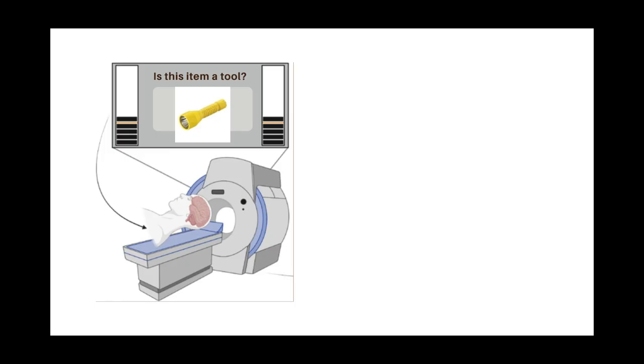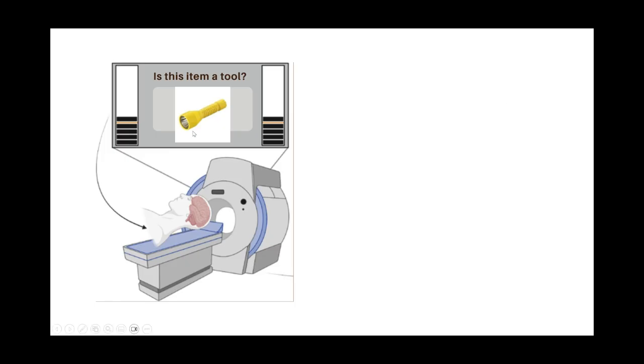Participants view those images one at a time in an MRI. And every time they see an image, it's presented with a question. That question is either about their conceptual features, like this question here: is this item a tool? That is about the conceptual features of this flashlight. But I could also ask, for example, a visual question like, is this item yellow?